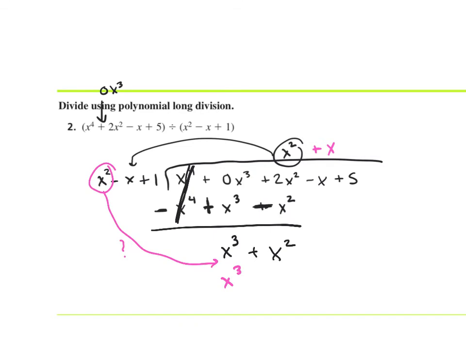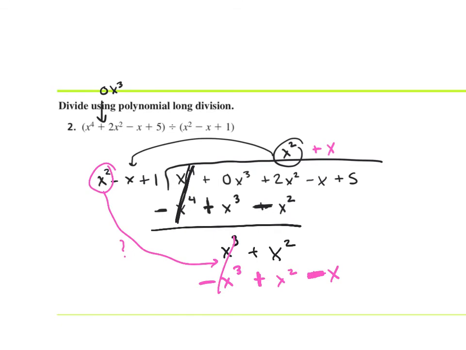What's x times negative x? Negative x squared. And what is x times 1? X. What do we have to do next? Change the signs. So negative, positive, and negative.